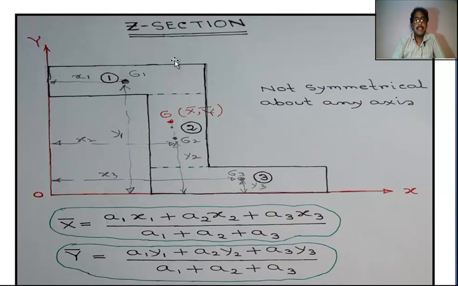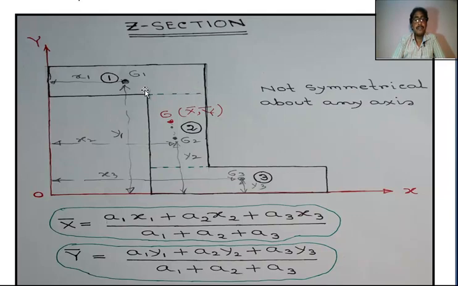Now we find out centroid of Z section. This is the Z section. We join this portion and join this portion. This area is marked as number 1.